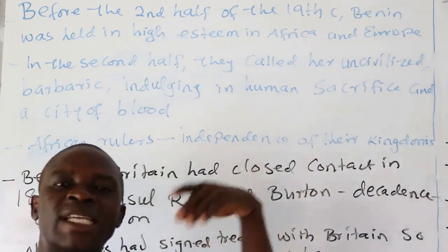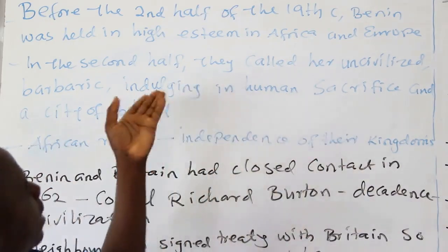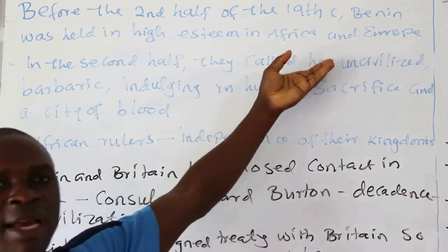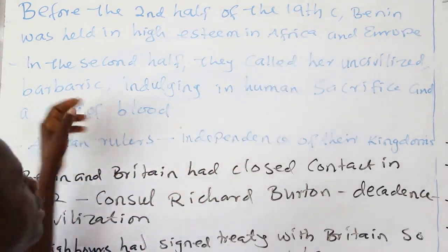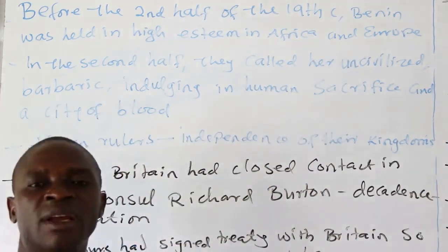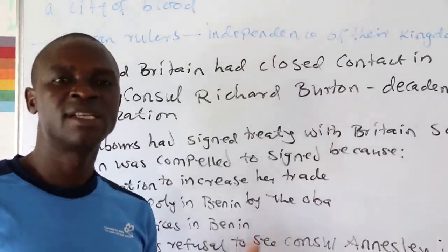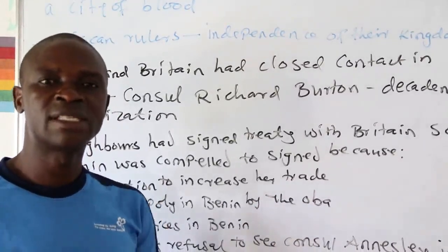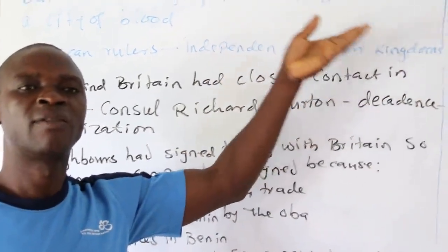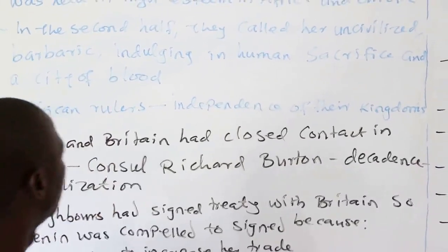For example, they called her uncivilized, barbaric, indulging in human sacrifice, and a city of blood. That was how these same Europeans described Benin in the second half of the 19th century. This same group of people that were rushing to Benin have now turned their back against that particular kingdom.